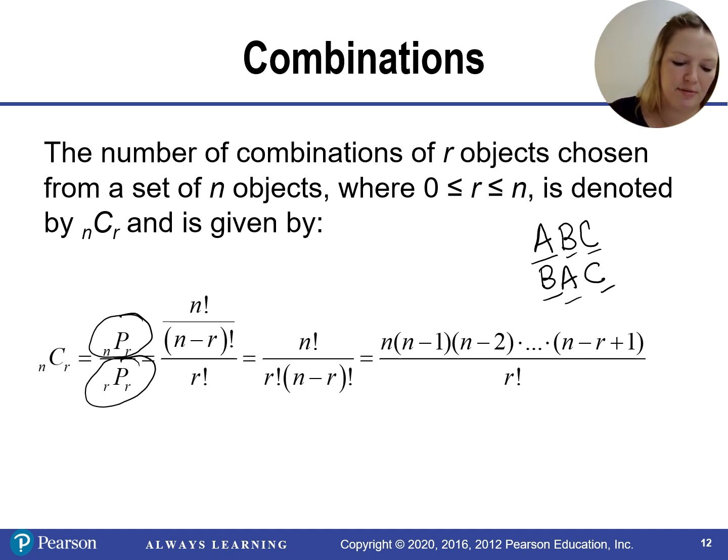So we can simplify the formula. N factorial over N minus R factorial, divided by permuting R things, just R factorial. We can simplify it, and this is the formula that you will likely be using the most: N factorial divided by R factorial times N minus R factorial.